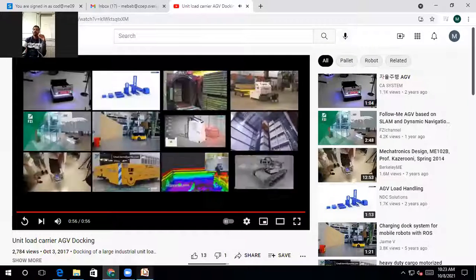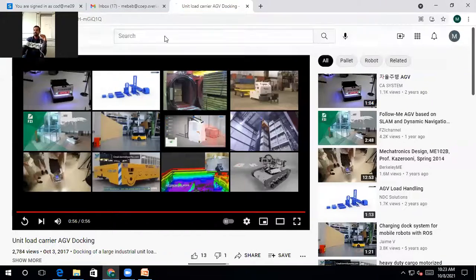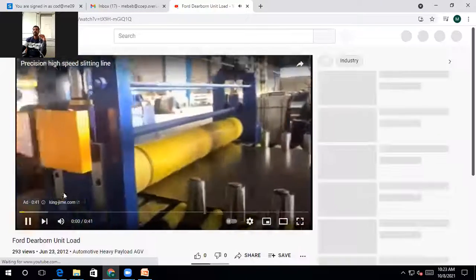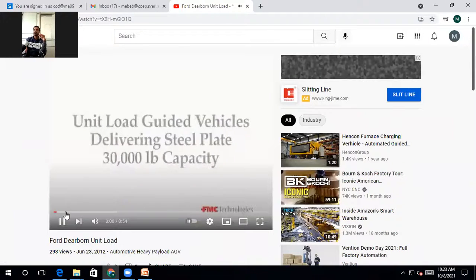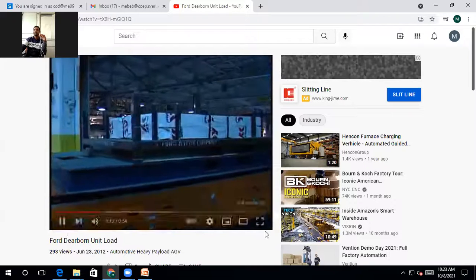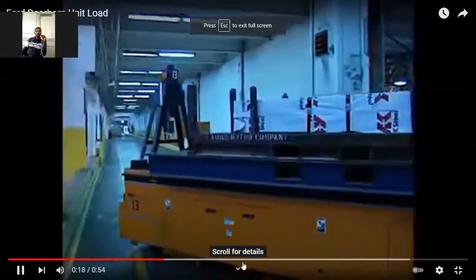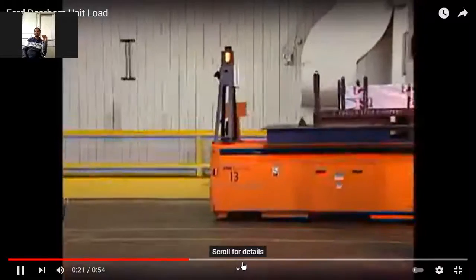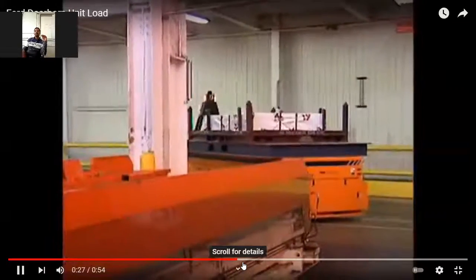You can understand how these AGVs are actually moving. This one is the unit load AGV. It only moves from one place to another, but it cannot lift the load.